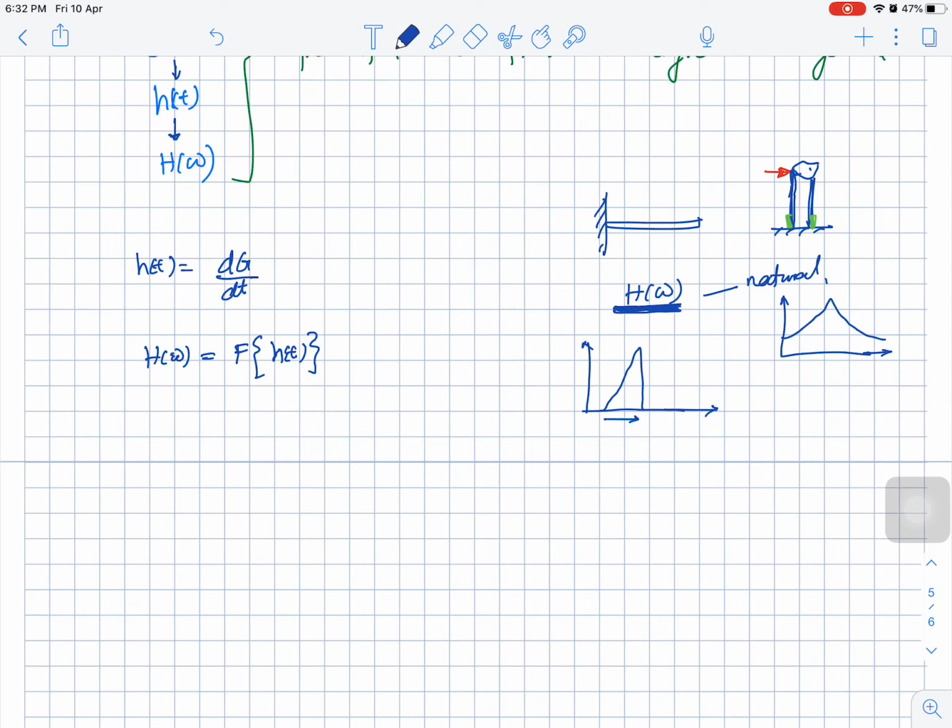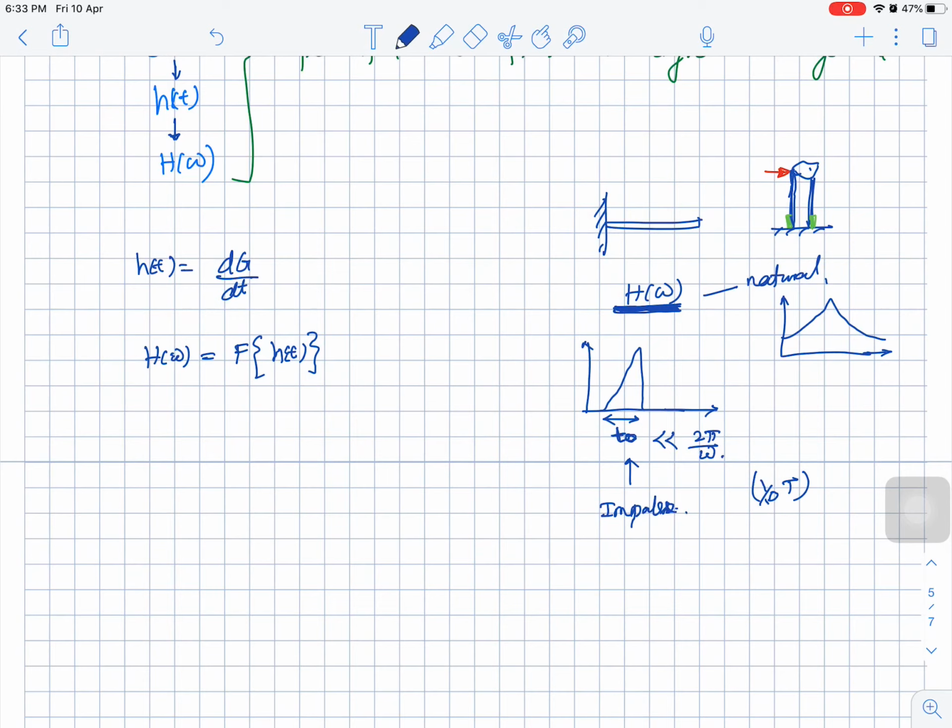This has some forcing time. If this time period is far less than the natural time period of the system, then this will be considered an impulse function. It should be about 1/10 of the first natural time period. Then it will be called an impulse.